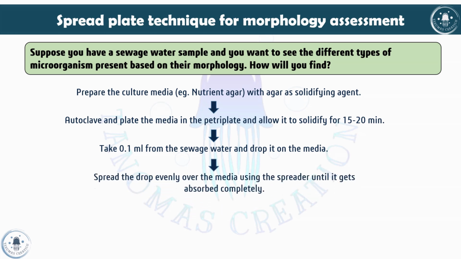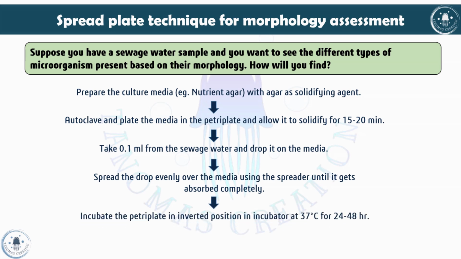Now spread the drop evenly over the media using a spreader until it gets completely absorbed, right? And then you put it in the incubator at 37 degrees Celsius for 24 to 48 hours, in the inverted position, of course, and observe the time taken for different types of microorganisms.